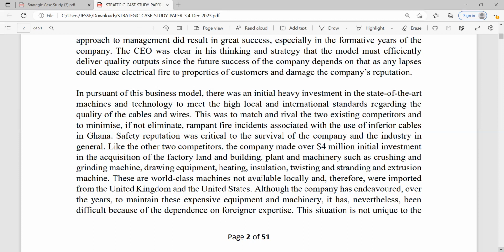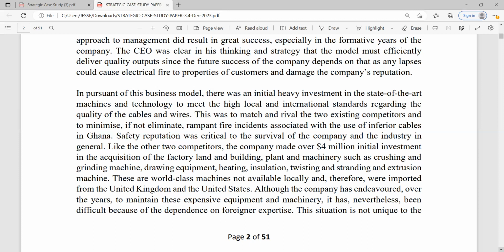So this was to match and rival the two existing competitors. They are trying to differentiate themselves by ensuring that they produce very, very good cables. In my recent lectures, I've been talking about the differentiation strategy, the price strategy, the cost leadership strategy, and the focus strategy.